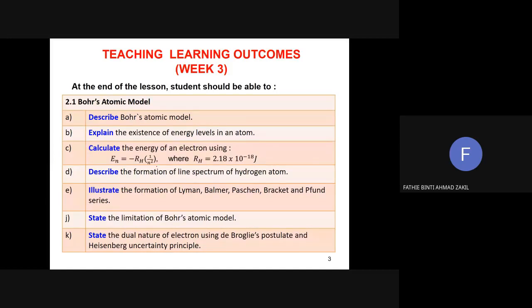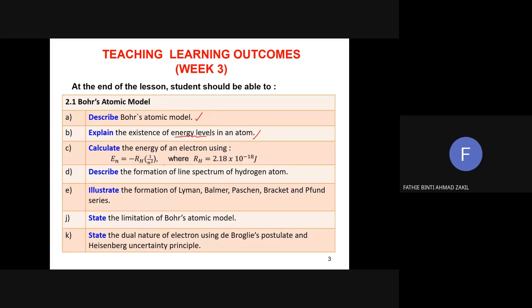Okay, untuk part 2.1 ni, Bohr atomic model. So at the end of this lesson, you should be able to describe what is the Bohr atomic model. Kemudian you juga patut boleh explain the existence of energy level in an atom. Okay, so dia ada banyak level lah ni. Nanti kita tengok berkenaan dengan energy level.